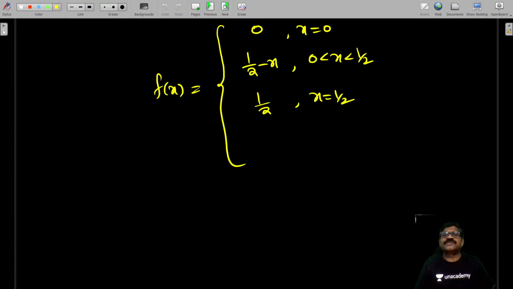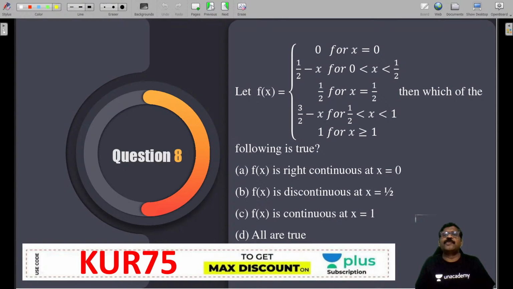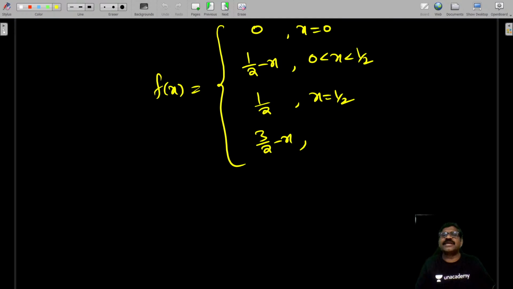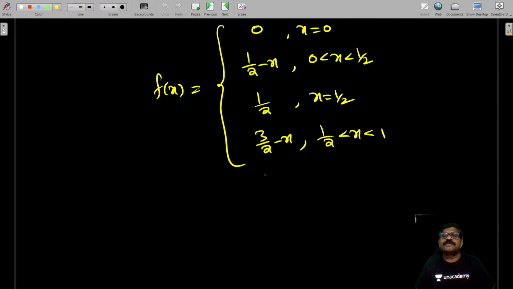Three by 2 minus x for 1 by 2 less than x less than 1. One for x greater than or equal to 1.